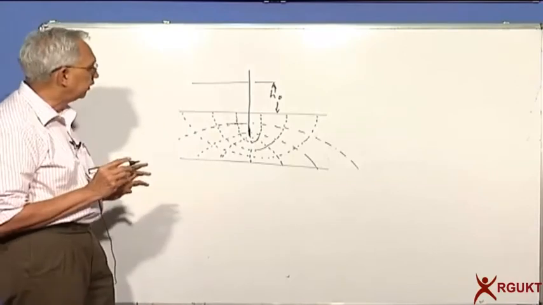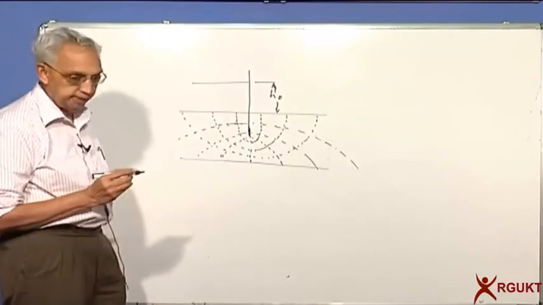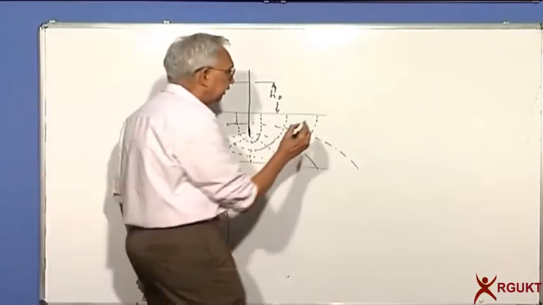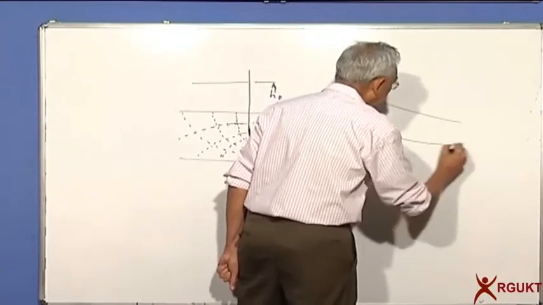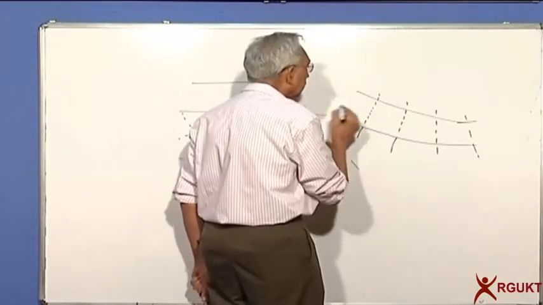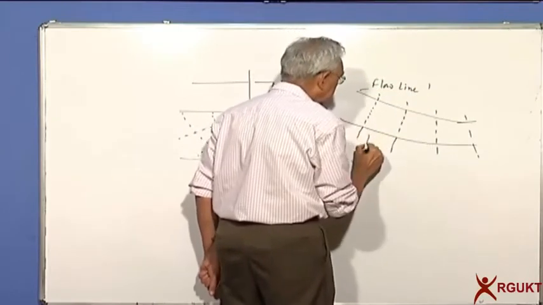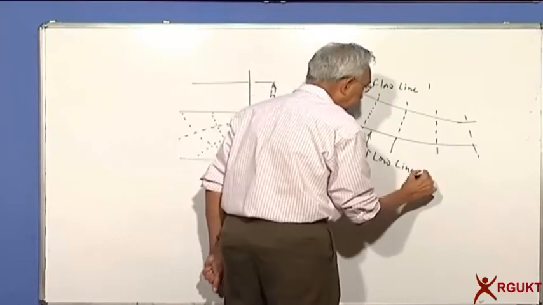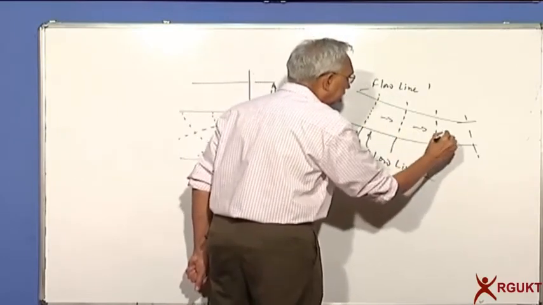I would like you to now visualize the region between two flow lines. Suppose I do that, let's say this is one flow line and this is another flow line. So obviously this is flow line 1 and this is flow line 2. So you can say the flow is taking place through all these elements.